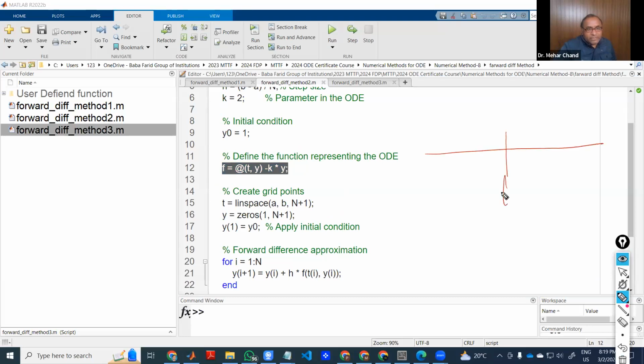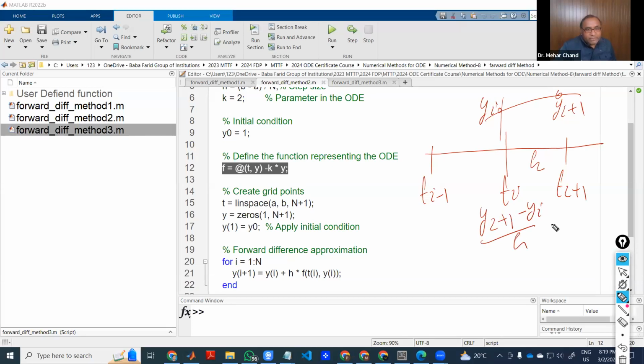We have only ti plus 1 and ti minus 1. Here we have yi and yi plus 1. This is h. So dy upon dt will be equal to yi plus 1 minus yi upon h.